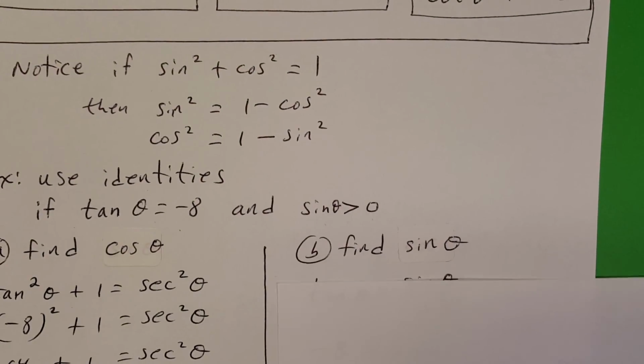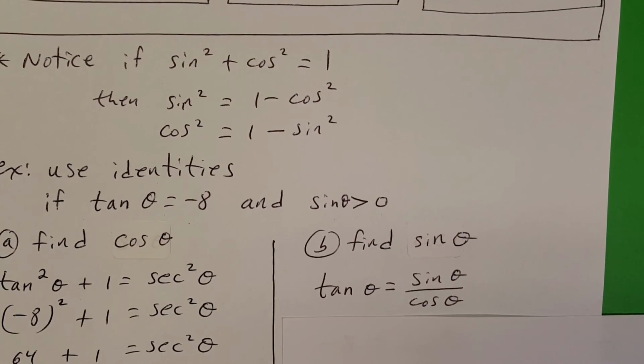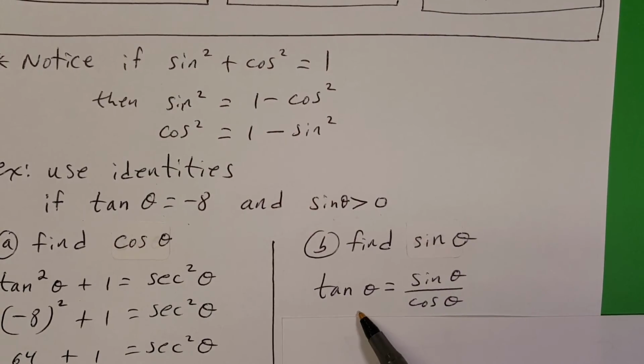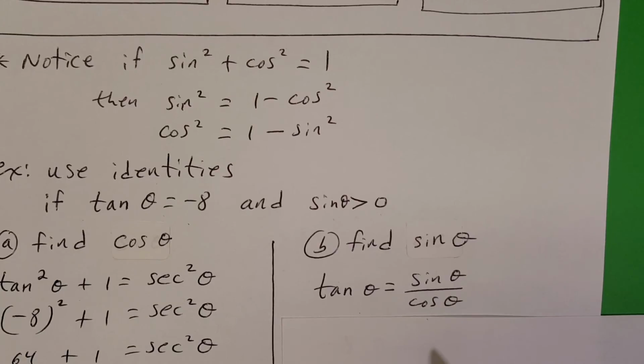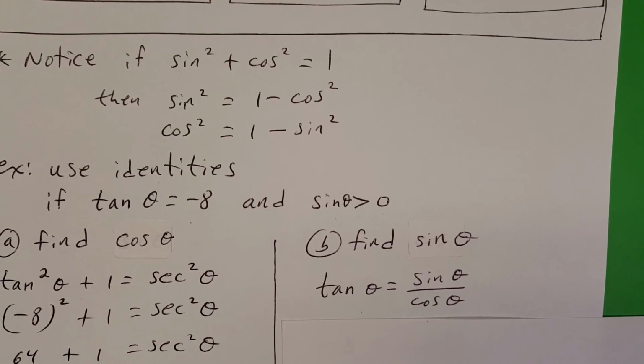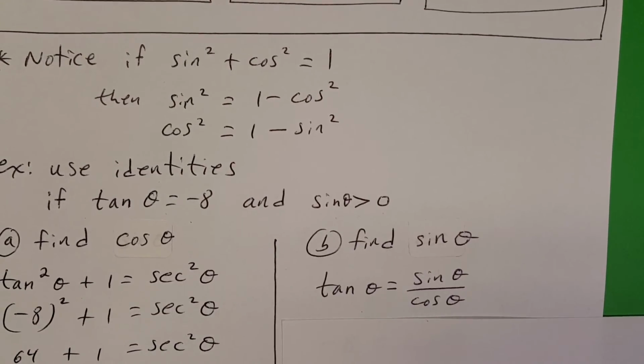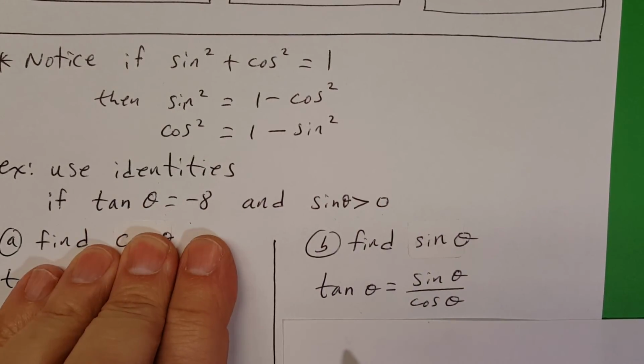But what the book did was go back to the quotient identities. Do you remember this one? Tan theta is equal to sine over cosine. Right? That was the previous page. In fact, you could have done that here too, huh? But any identity you choose has to fit your information. And if you look at this one, it fits it, right?